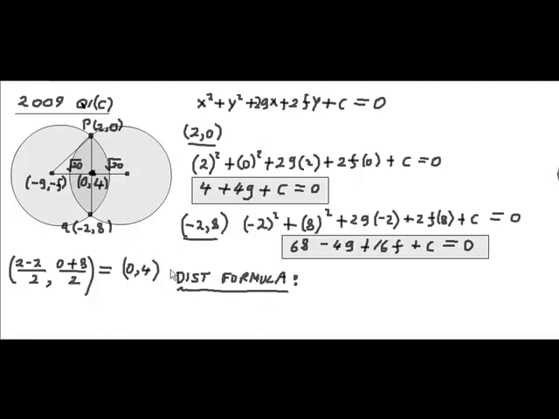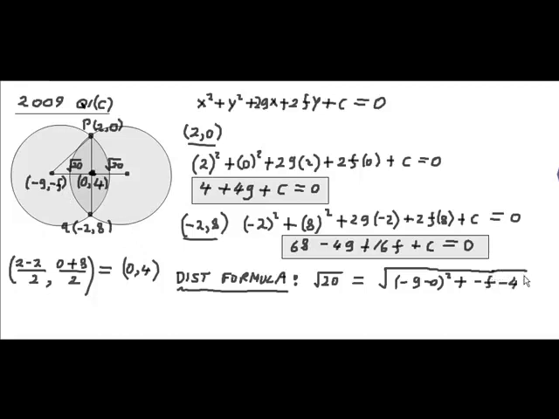So root 20 is equal to the root of (x2 minus x1) squared, so (-g minus 0) squared, plus (y1 minus y2) squared, which is (-f minus 4) squared.